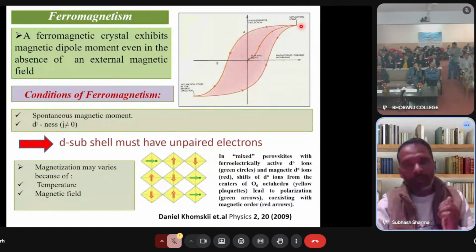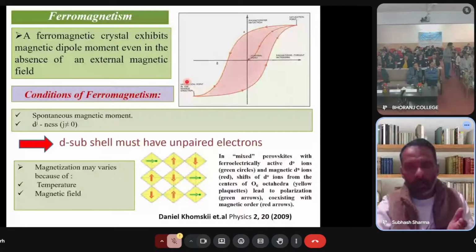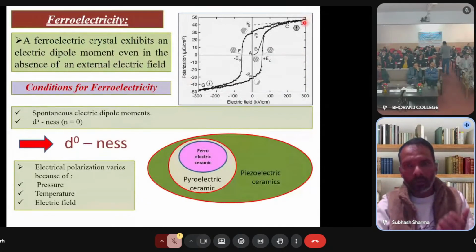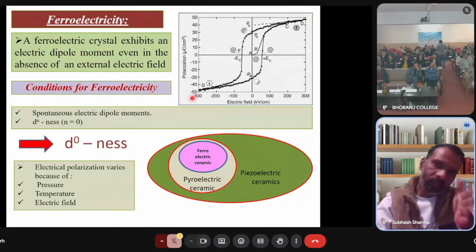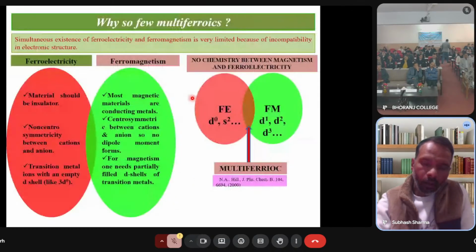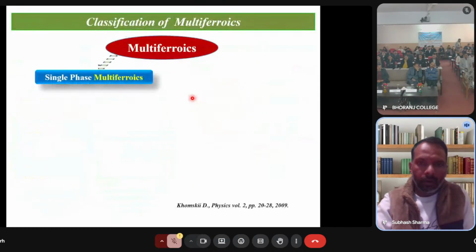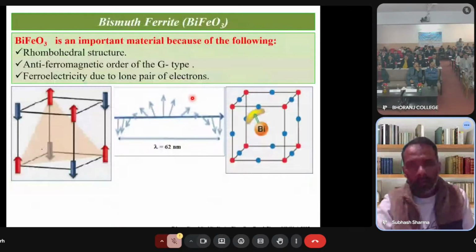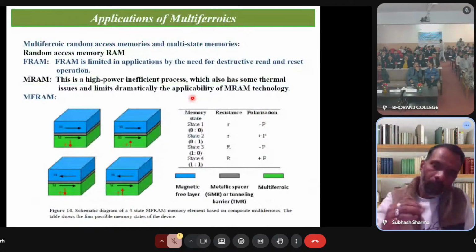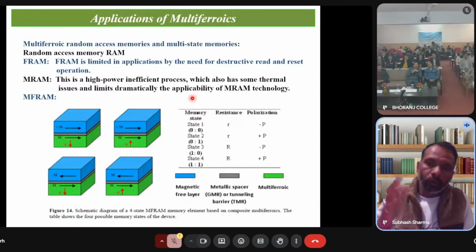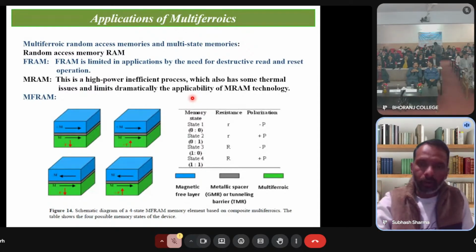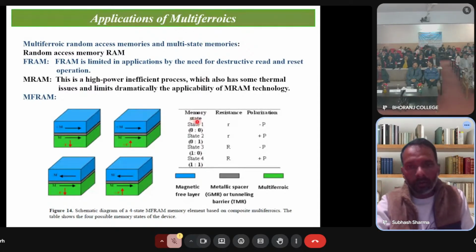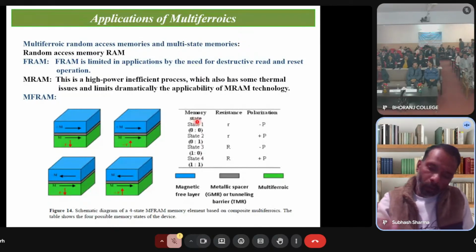In the same way in ferroelectrics, you store either here or here because they are very stable thermodynamically. If your material is only ferroelectric or only magnetic, you have only two options, either up or down. But once you are dealing with multiferroic materials, now you have four states to store your data. So density-wise, you can increase the storage capacity.